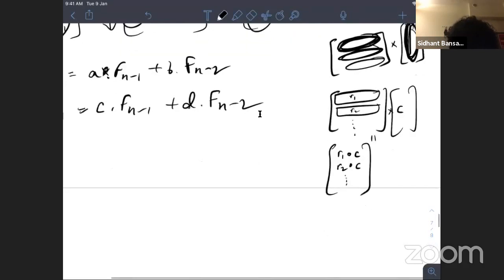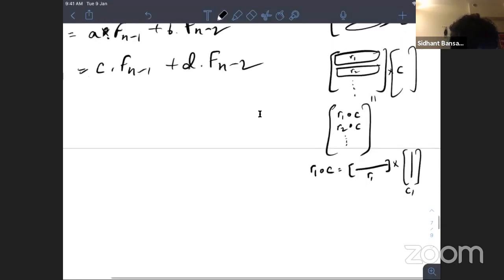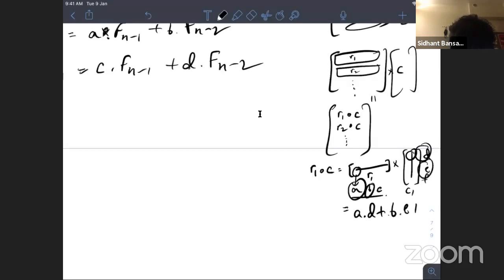Here, by R1 dot C, what I mean by dot is multiplying this row by this column, which means the first entry multiplied by the first entry. Let's say these are A, B, C and these are D, E, F. Then A times D, which is first entry times first entry, plus B times E, second entry times second entry, plus C times F, third entry times third entry.